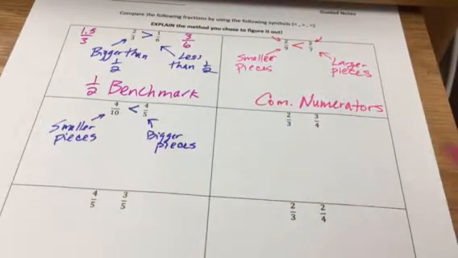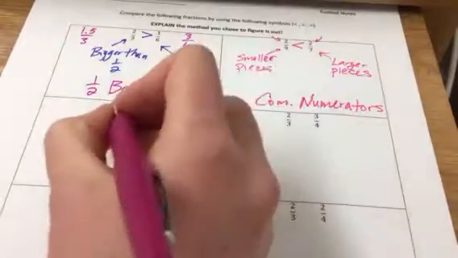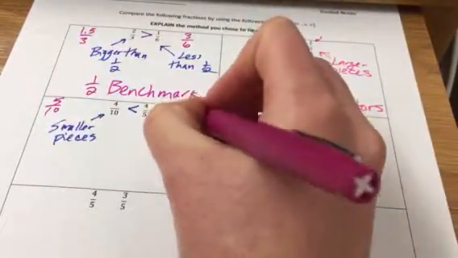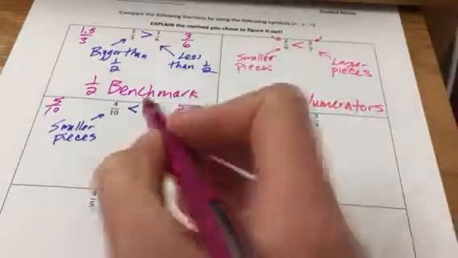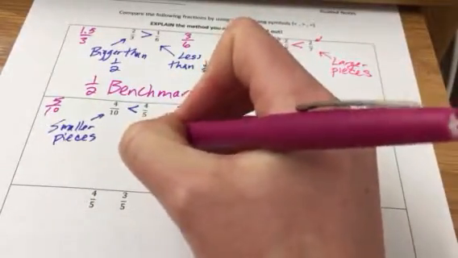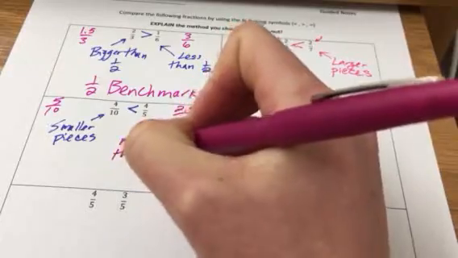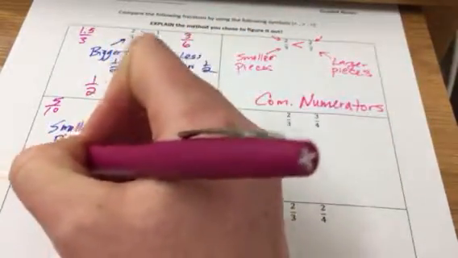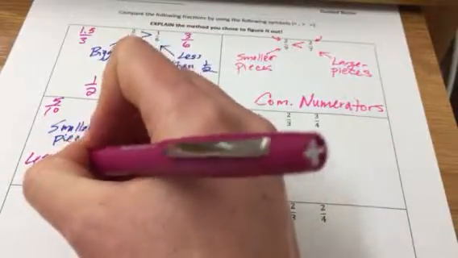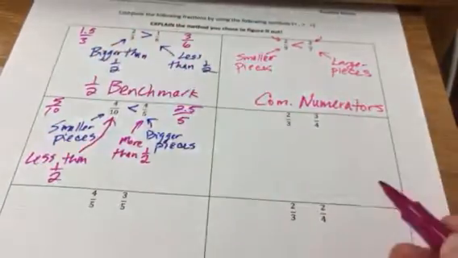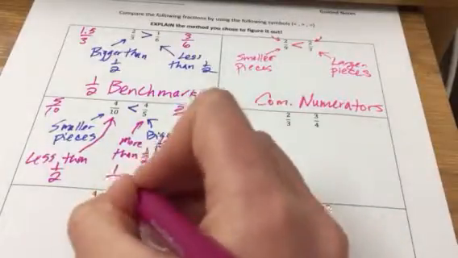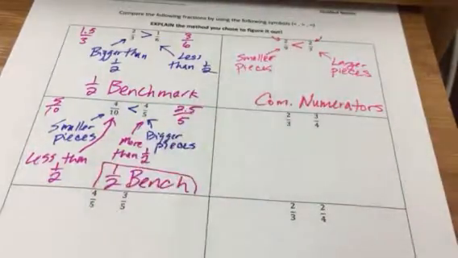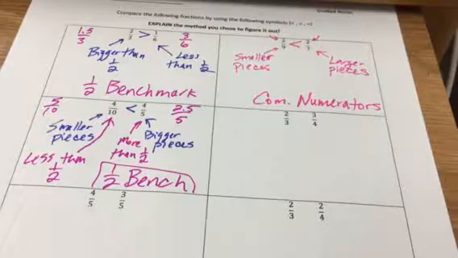But I also have the 1/2 benchmark at play here. 5/10 is equal to half. 2.5 fifths is equal to half. This is also more than half, and this guy is less than half. So my 1/2 benchmark also works in this case. So the 1/2 benchmark is also a good strategy for this problem.